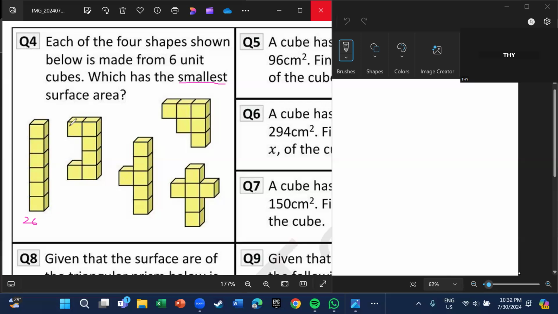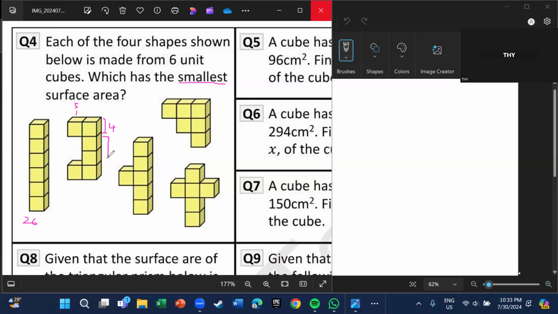We all know that cubes have 6 sides. This only has 1 side covered, so this is 5 faces. Here, there are 2 faces covered, the one over here and the one over here, so this will be 4 faces.